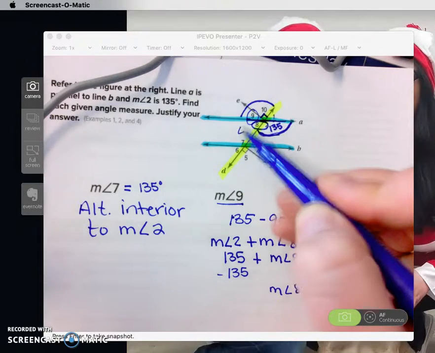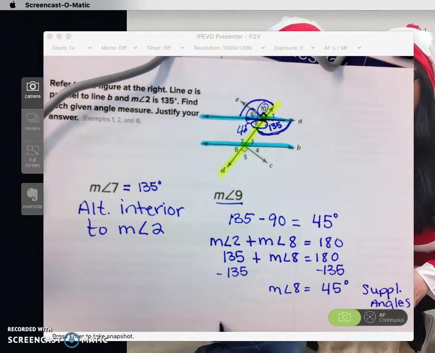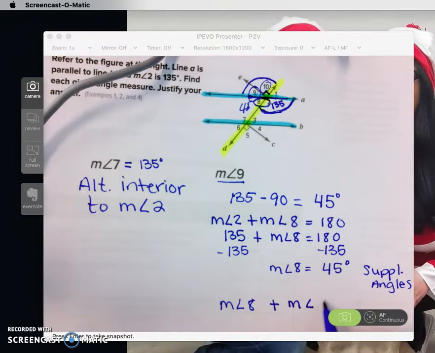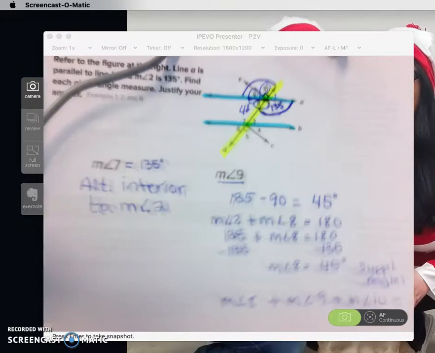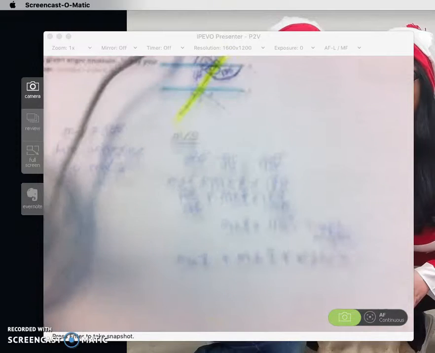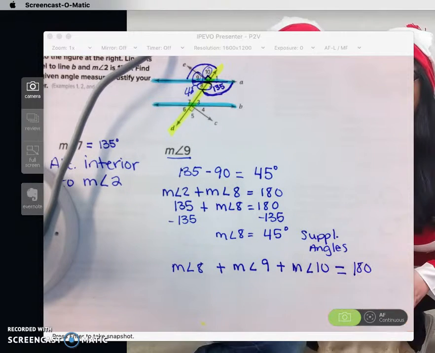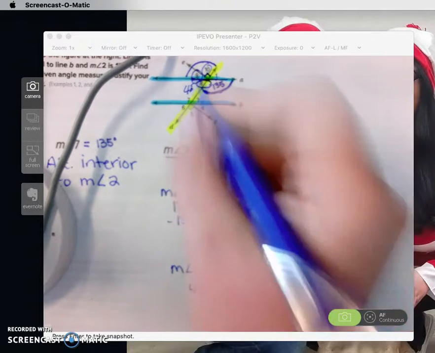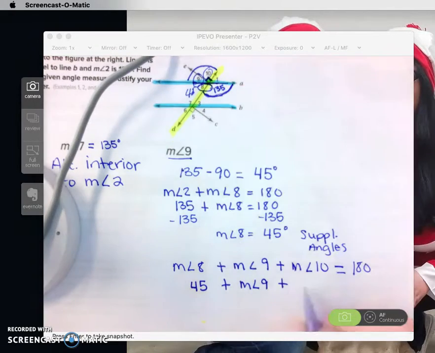Well, I need to do 45 plus 90 plus 10. And so the measure of angle 8 plus the measure of angle 9 plus the measure of angle 10 has got to equal, it creates a straight line, so it's going to equal 180. Well, I know measure of 8 is 45 plus the measure of 9, that's my unknown, and then 10 is that box, which equals 90.